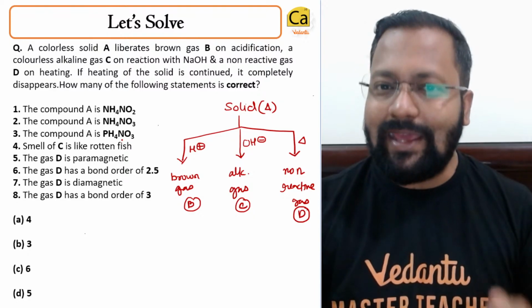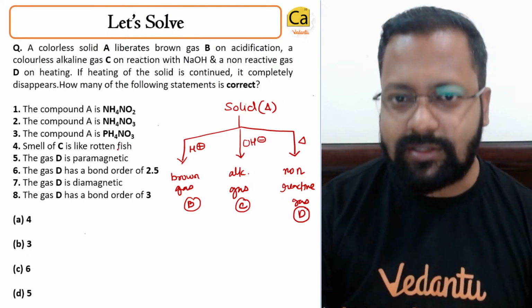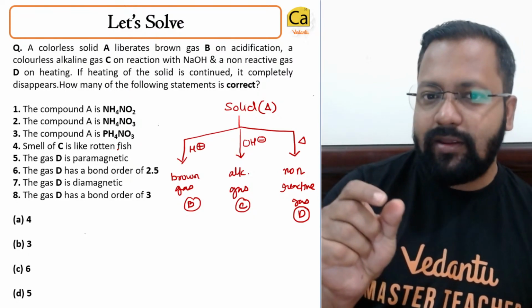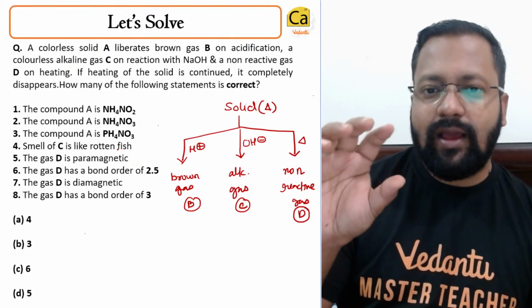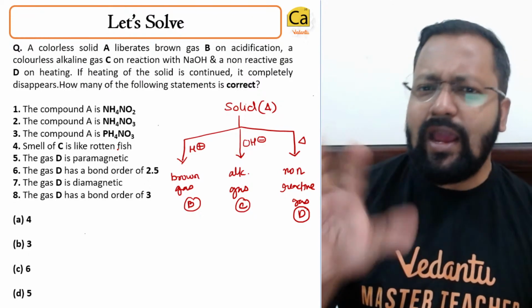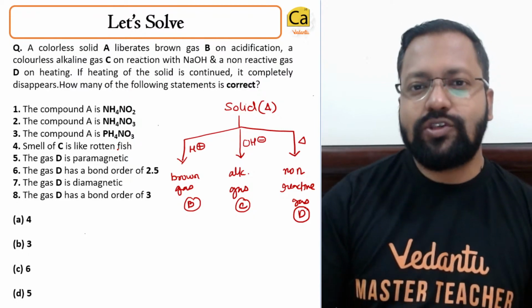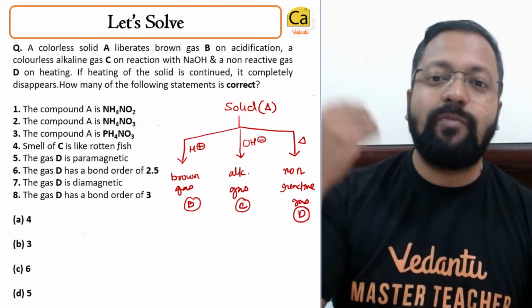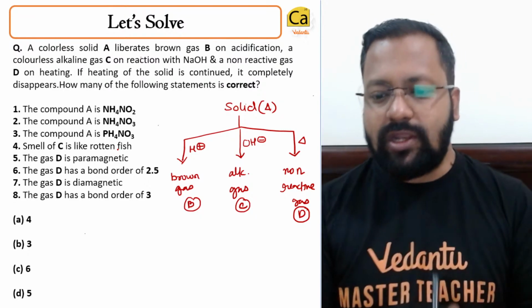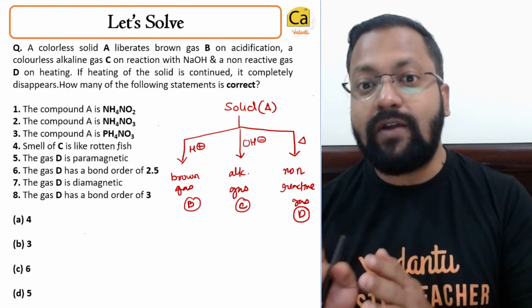PH4 plus cannot exist because PH3 contains its lone pair in an orbital which has nearly 100% S character. So this lone pair cannot be easily donated, and that reaction to generate PH4 plus is not favorable.